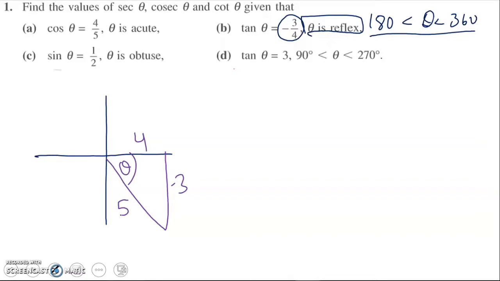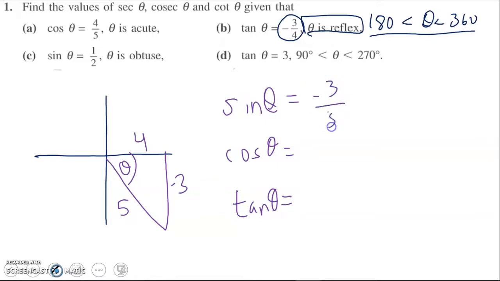So now I can start stating what sine, cosine, and tangent are. Sine theta, cosine theta, and tangent theta. Sine theta is opposite over hypotenuse. That would mean that this is negative 3 over 5.